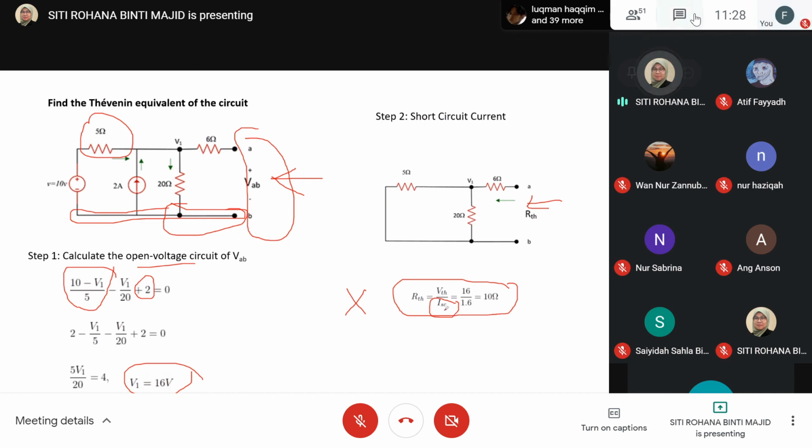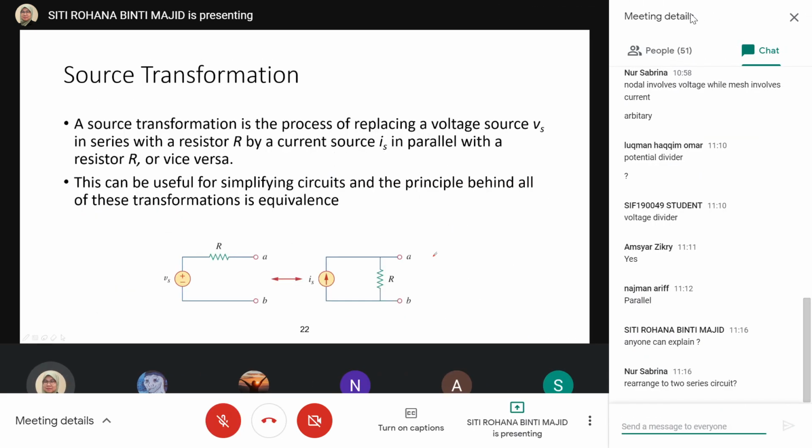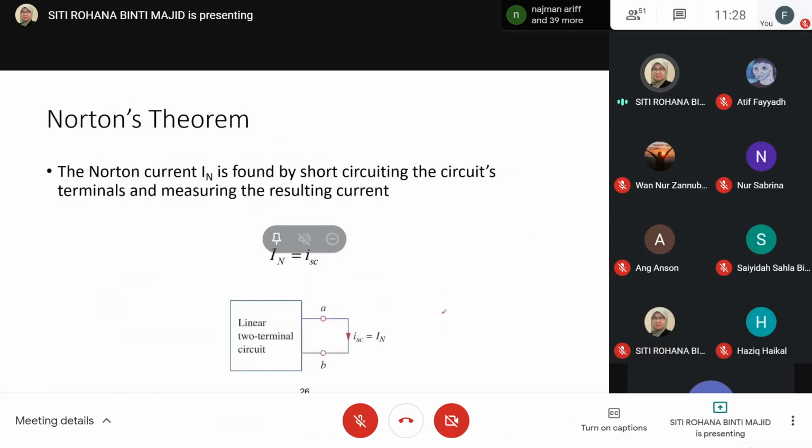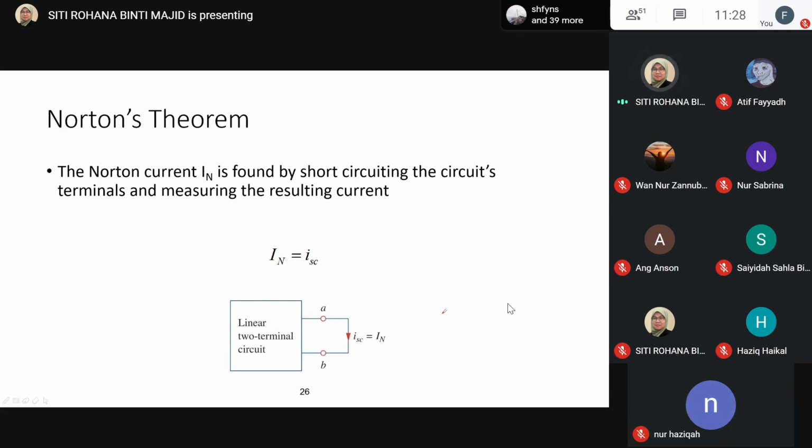So this ISC will give you I Norton. Try to calculate ISC, the short circuit current.